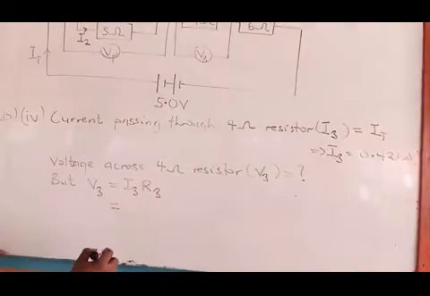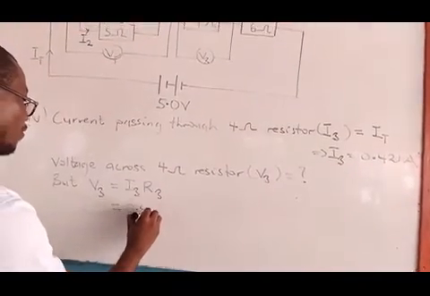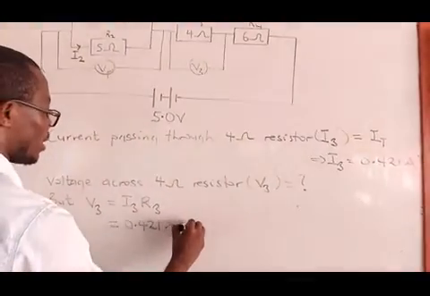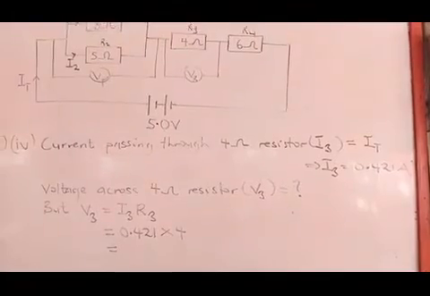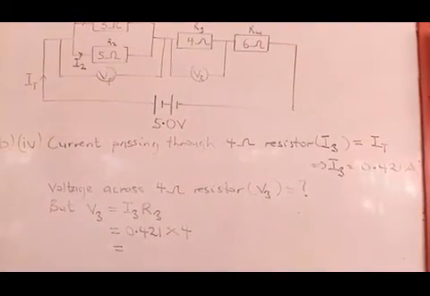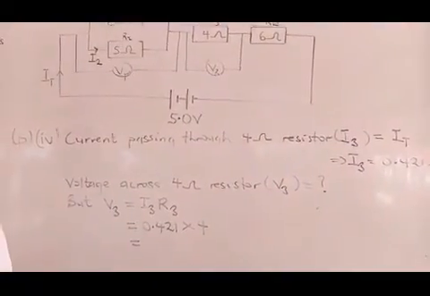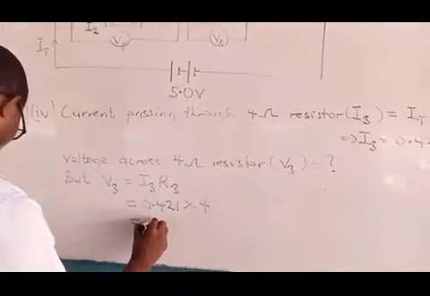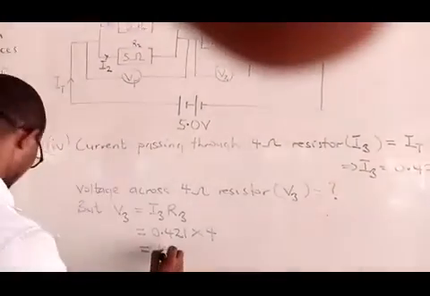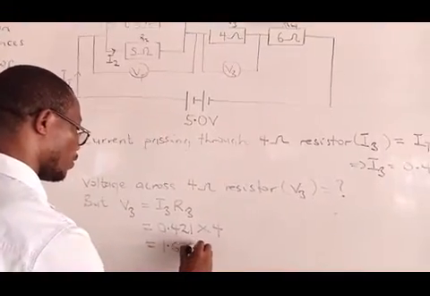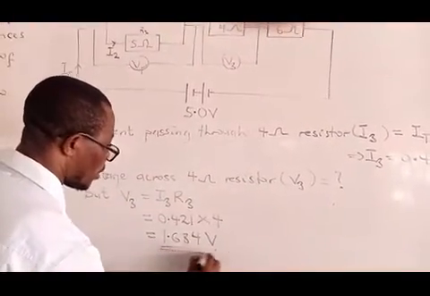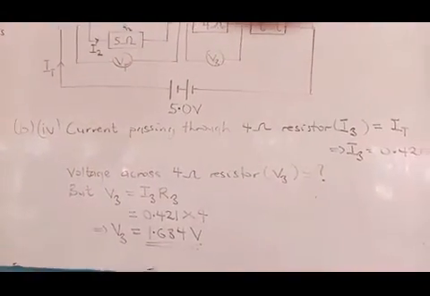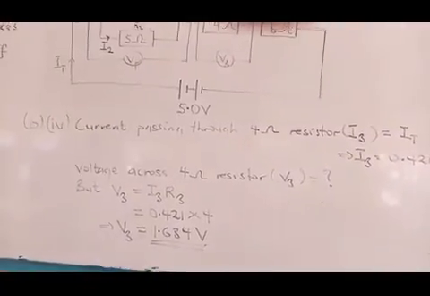So our I3 is the same as the IT, which is 0.421, and then the resistance R3 is 4. So that's 1.684 volts. Okay, so that is the voltage across the 4 ohm resistor.